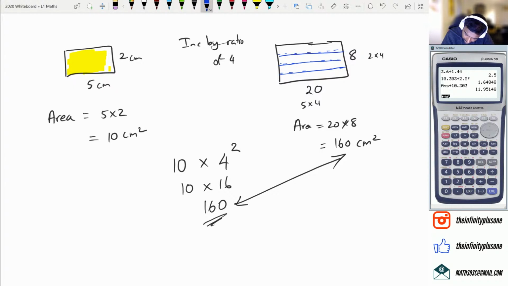So kind of like this happens. That little yellow rectangle is just that corner piece there. And by increasing it by a ratio of 4, we have to multiply it by 16 because we've got 16 that's there. So it's just trying to understand how it goes 4 this way and also 4 on the height as well.